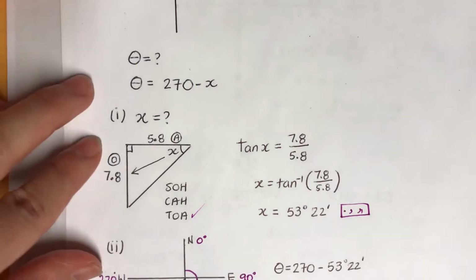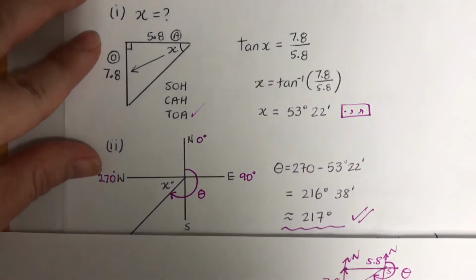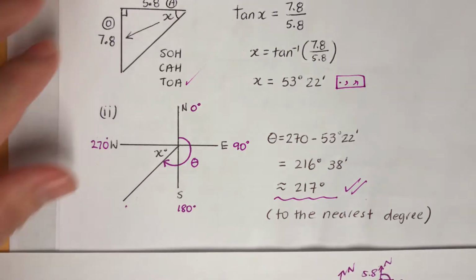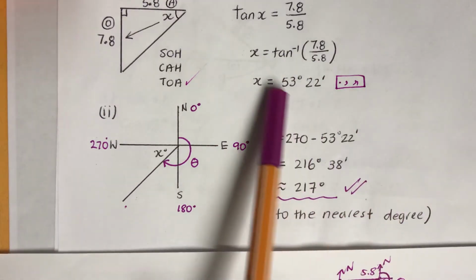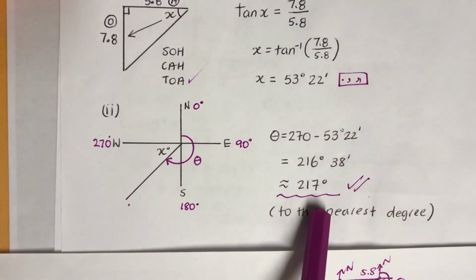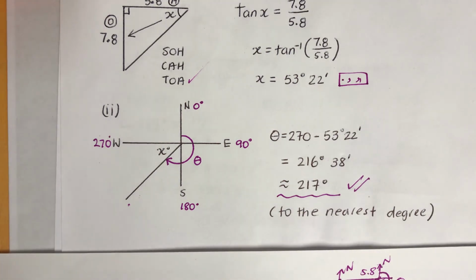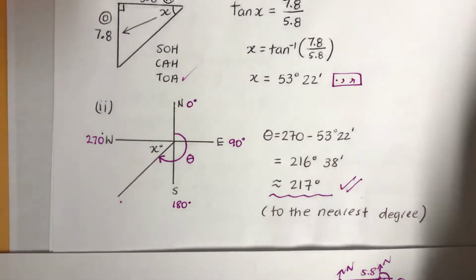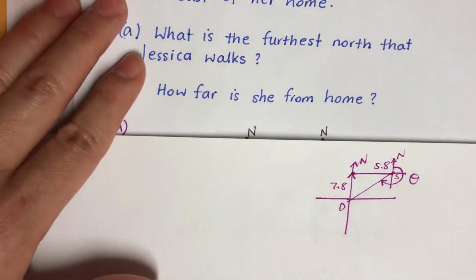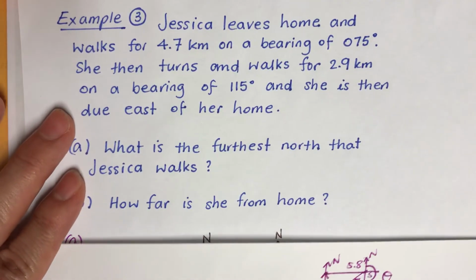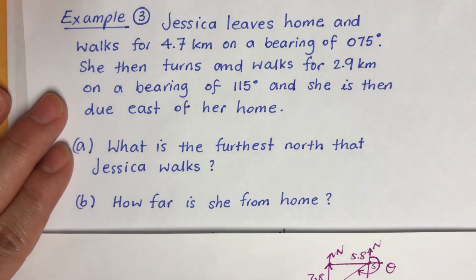All right, so after that, we need to take that away from 270, and it's to the nearest degree, so it's 217 degrees. All right, it wasn't too bad, was it? So don't panic when you get lots of wordy questions. You just have to break things down.